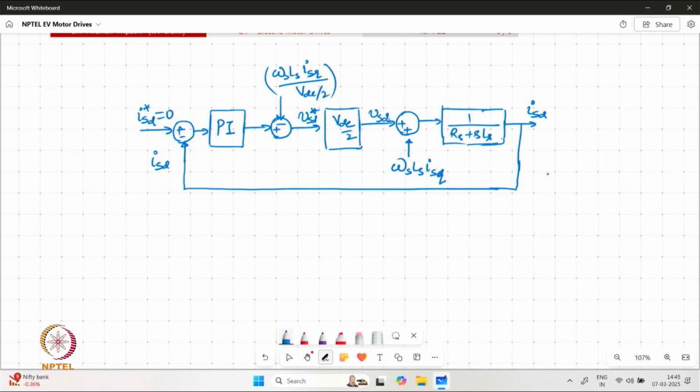Now, when we see the current d-axis current control, this is pretty simplified structure. We have only one control loop available over here.